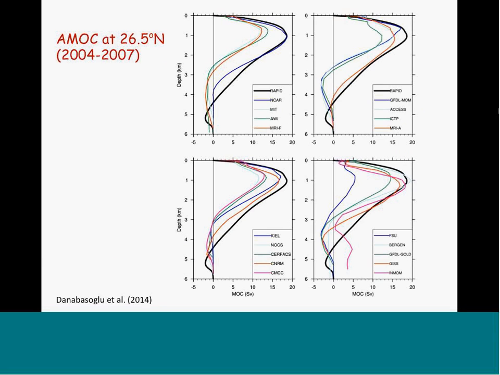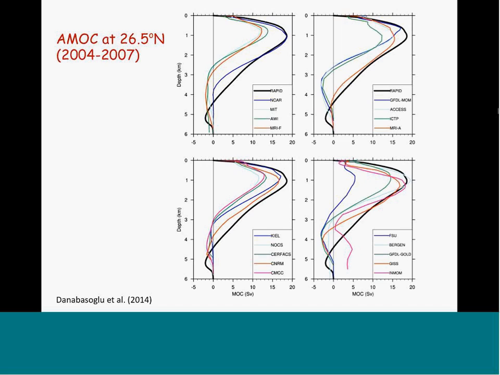This plot shows the comparison with the RAPID data set, that's the black line. Since we cannot provide a direct observational comparison of the AMOC structure I showed on the previous plot, we can compare it to the available RAPID data set. Black is the RAPID in all panels, and you can take a look at your favorite model and see how it compares to other models and also to RAPID. Most models tend to underestimate the AMOC transport, and you can see a persistent model problem here again: the representation of the North Atlantic deep water, which is directly linked to overflows.